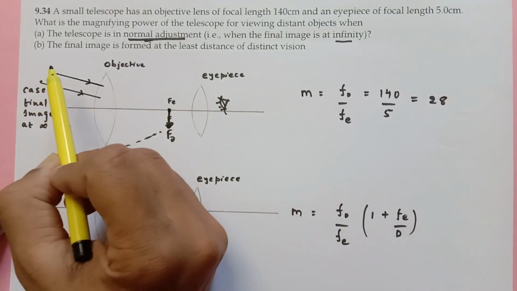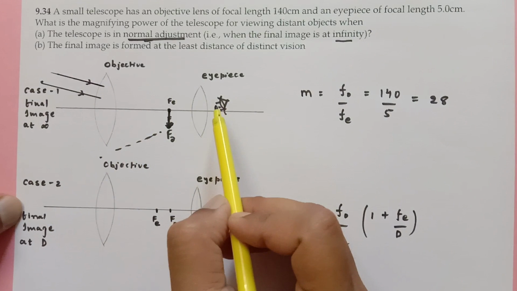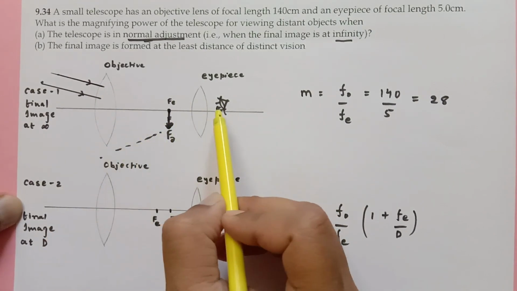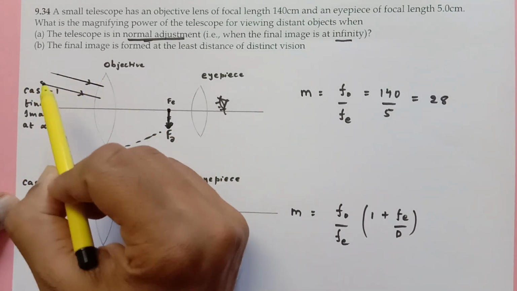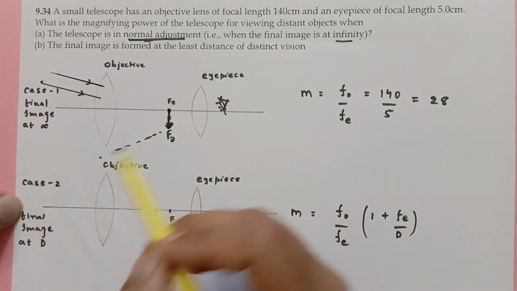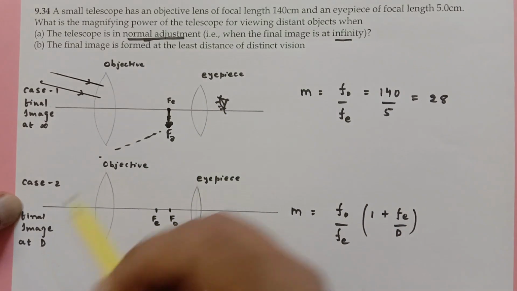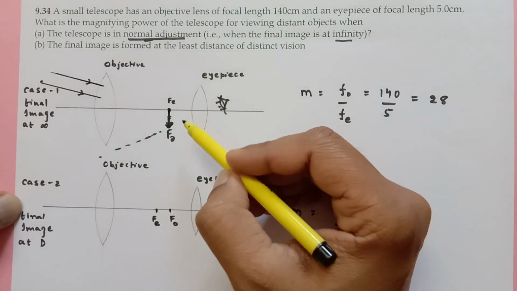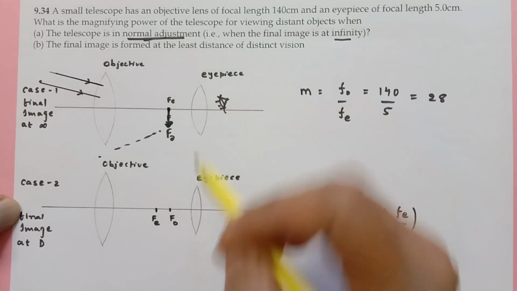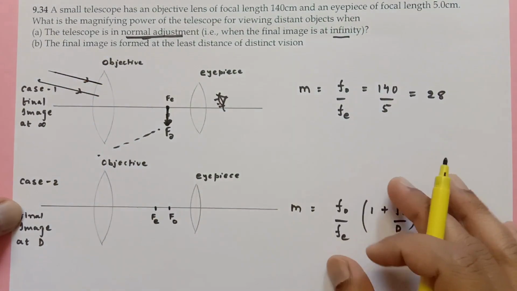You can consider that these rays may be directly falling on the eyes, because this distance does not matter, as the rays are coming from infinity. So the rays may fall over here or directly fall over here. It does not matter. It makes some angle with respect to the eye, whereas the final image makes some angle with respect to the eye. That angle is 28 times more than the angle formed by the direct rays.